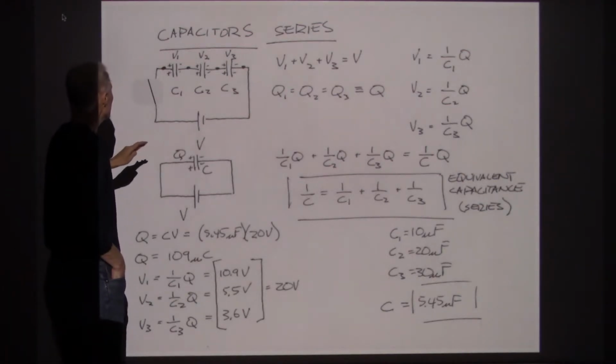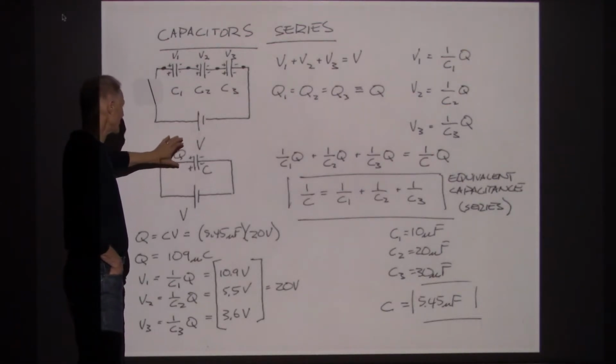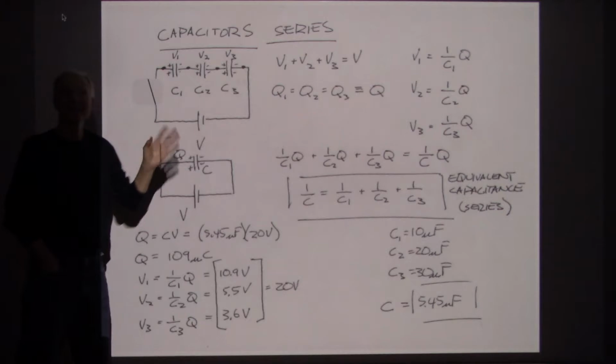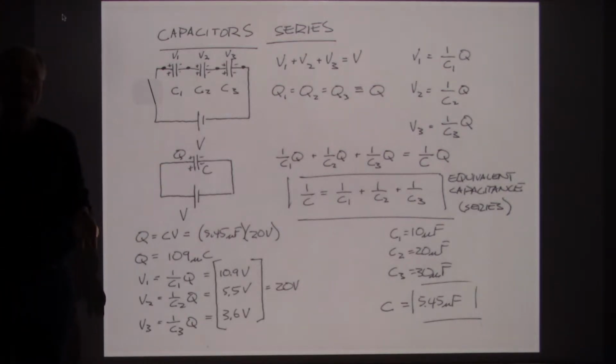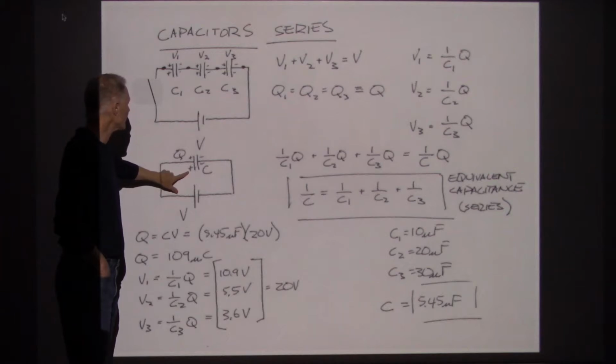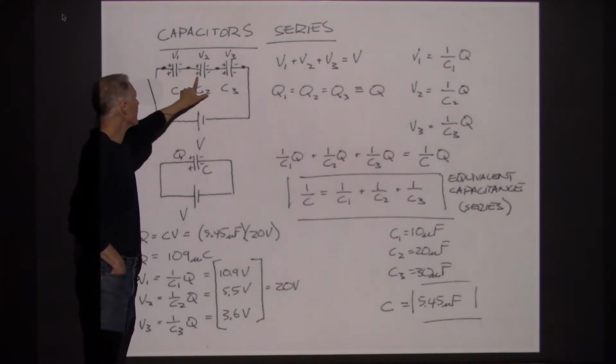Now in this case, if we ask, is the charge here equivalent to the sum of the 3 charges here? It's not, right? We're not going to be storing as much charge in this 1 equivalent capacitor compared with these 3.